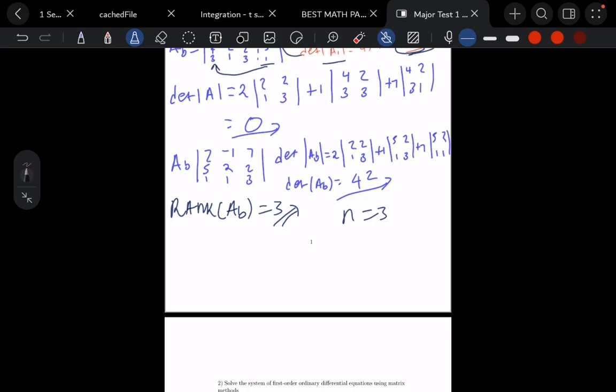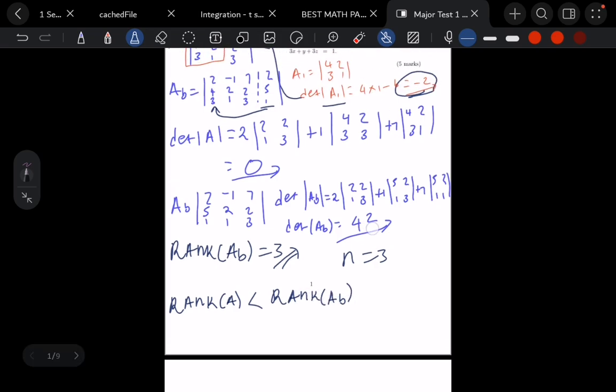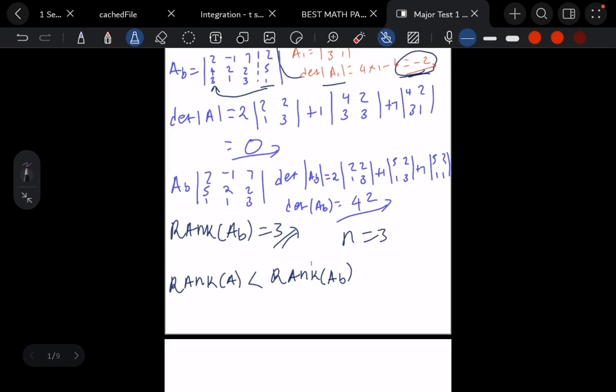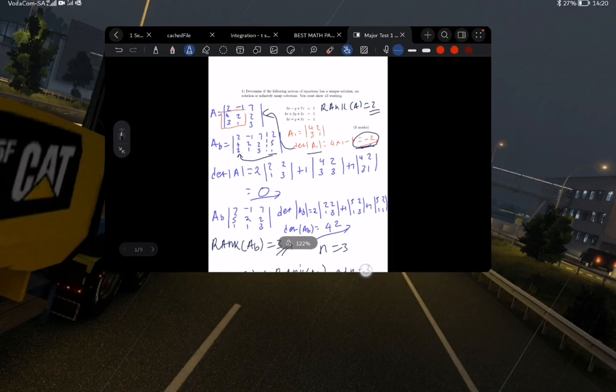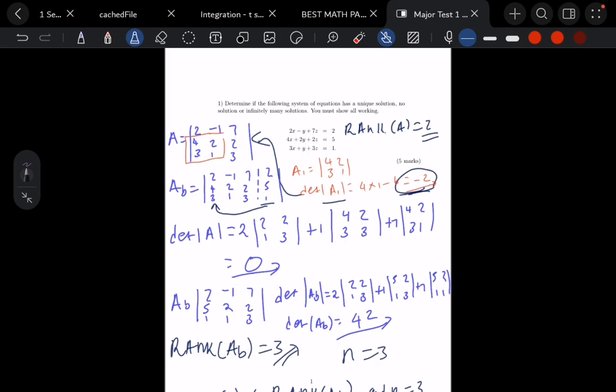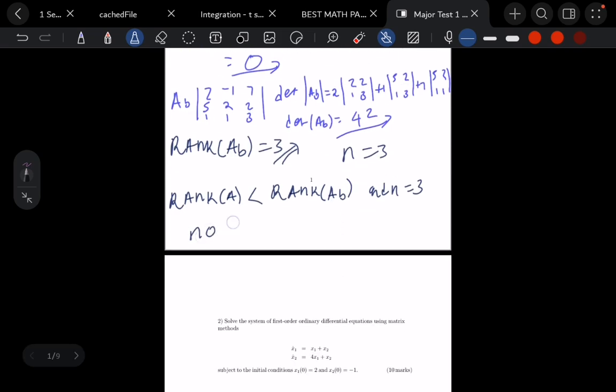Alright, so since we have 3 equations, we are going to say the rank of A is less than the rank of AB, since the rank of A is 2 and the rank of AB is 3, equal to the number of unknowns. In this case we have no solution.